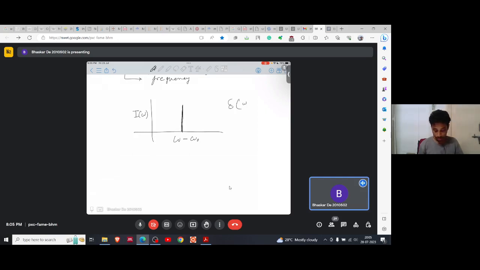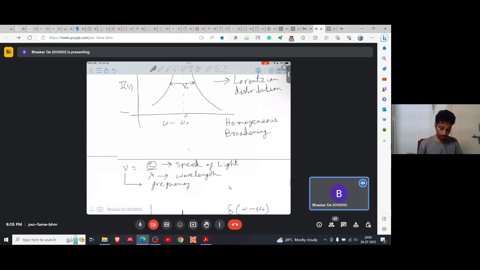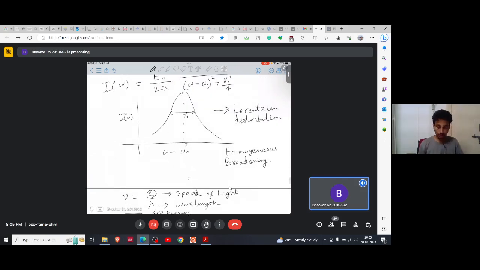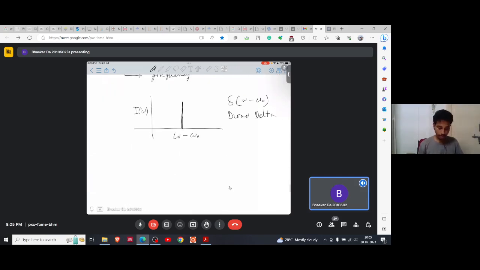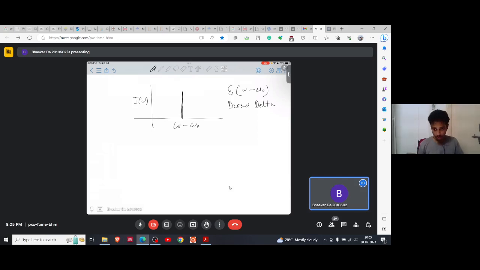This is known as a Dirac delta, but in reality it is not the case. It will always look like this one, and it will have some broadening. For example, if you are using a 700 nanometer laser, then it might have some 40 or 50 nanometer bandwidth.